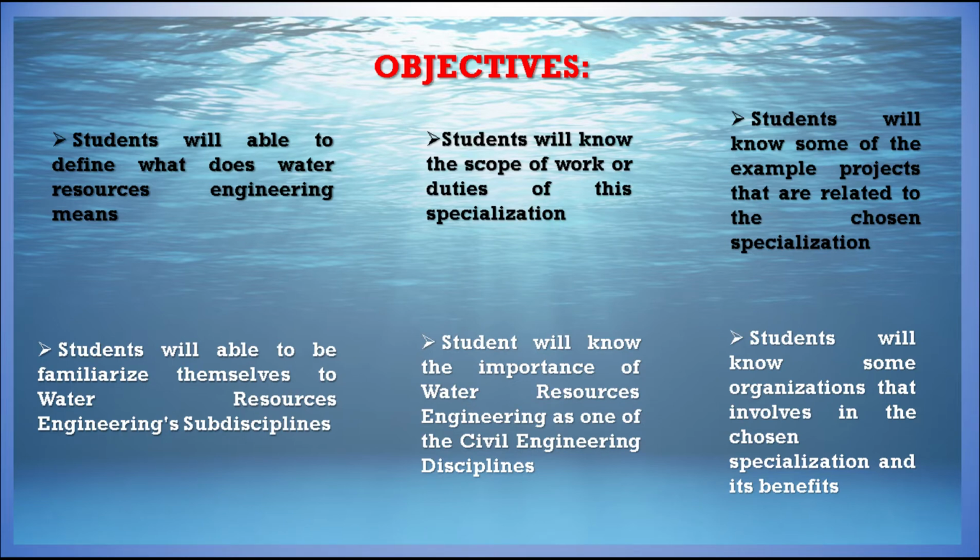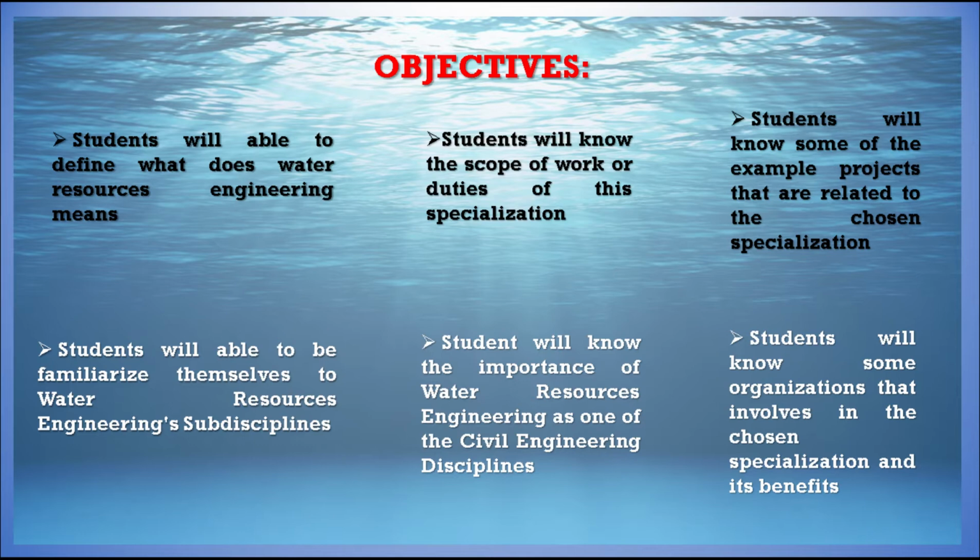And our objectives are: students will be able to define what water resources engineering means. Students will be able to familiarize themselves with water resources engineering subdisciplines. Students will know the scope of work or duties of these specializations.